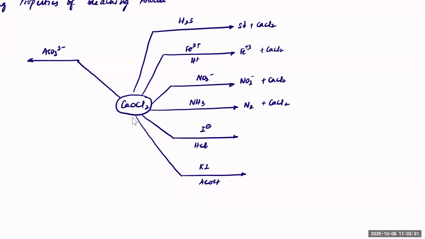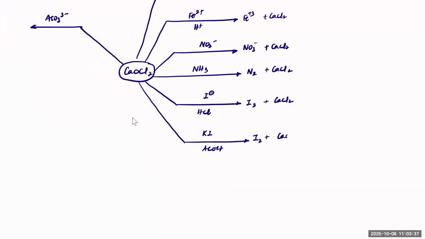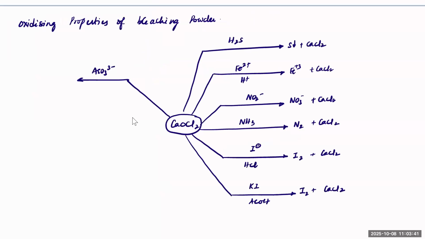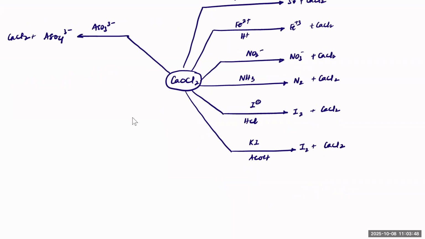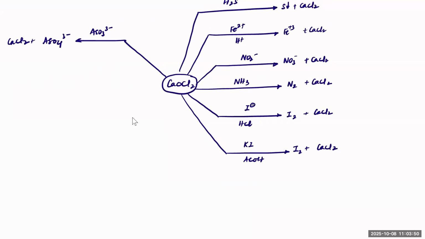And iodide will convert into I2, and this will become CaCl2. Here also it will become I2 plus CaCl2. And arsenite also converts into AsO4 3 minus and CaCl2, correct? So these are typical products that have been observed.